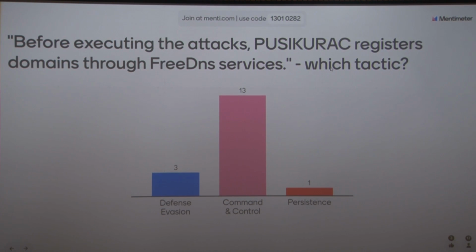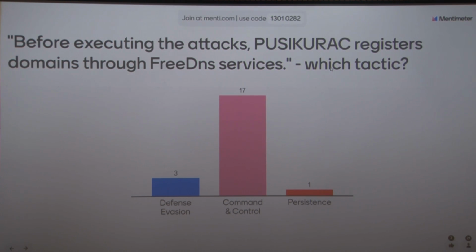You are basically trying to create command and control. If resource development was given as one of your choices, then it would have been resource development, but I intentionally did not give that choice so that you can say command and control.